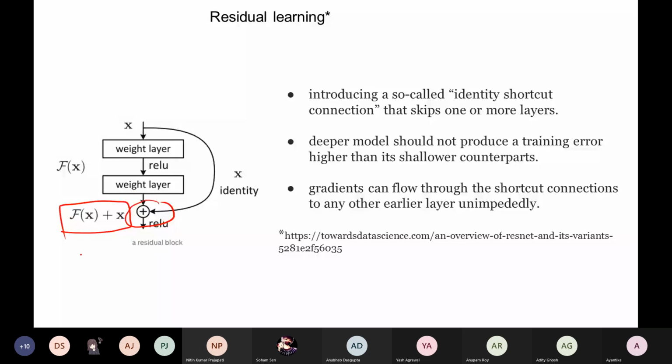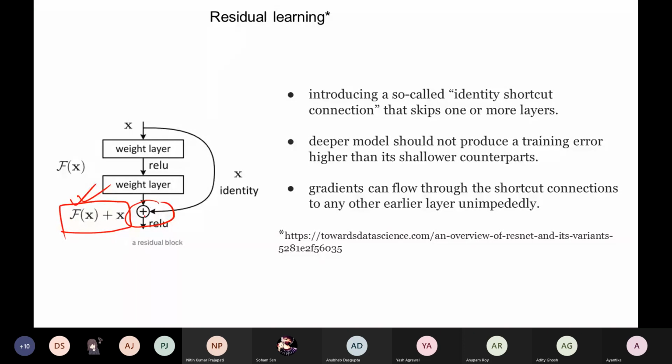In some cases, you are actually just skipping this value and just passing the shortcuts. That time you can think of some kind of skip connection. Concatenating, right? We are adding the values. Exactly. We are adding the values, not skipping.